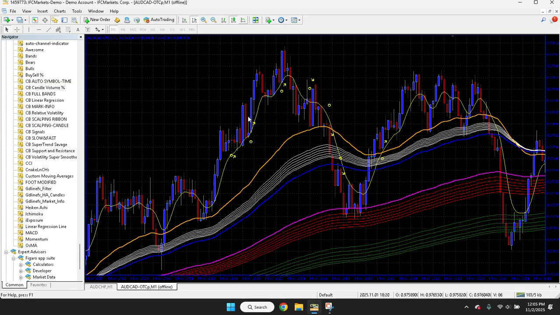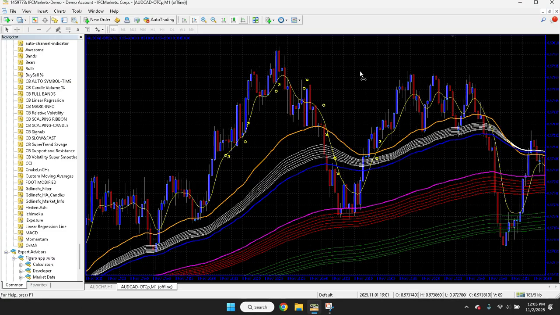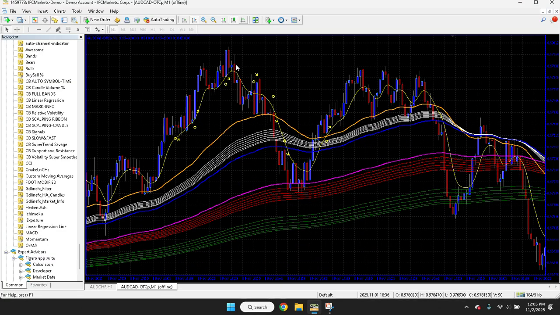But sometimes you can get in on these with the pre-warning instead of just waiting for the arrows. Now this one I would have taken unless I had more information to tell me not to. And I would have lost and then waited until boom, we got this one. Let's see, we came down, it got rejected here, and then came up. It came down, rejected again at this line, so I got in.